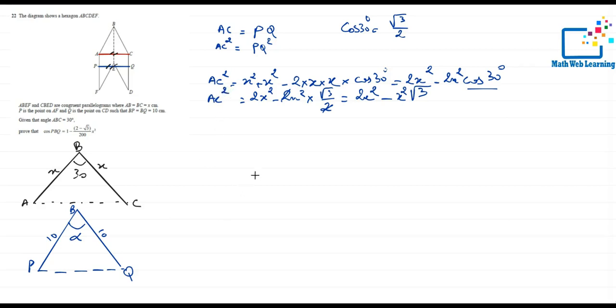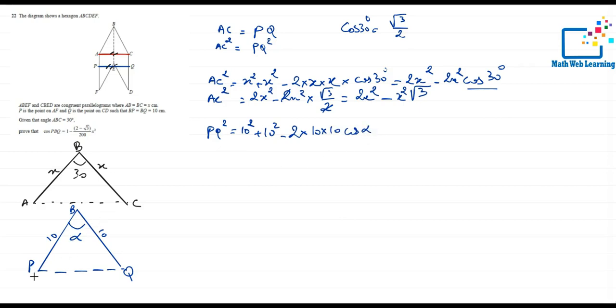Right, so let's do PQ squared, which is in the same situation, same formula, of course. It's going to be 10 squared plus 10 squared, and minus 2 times 10 times 10, and then times cos alpha.